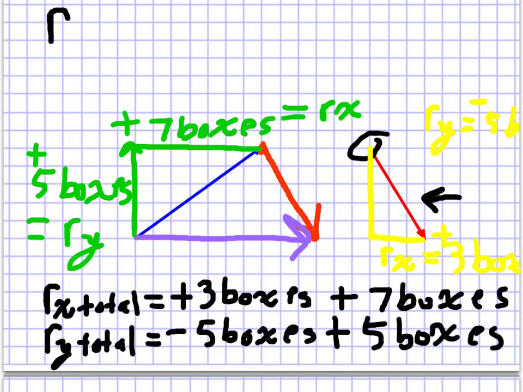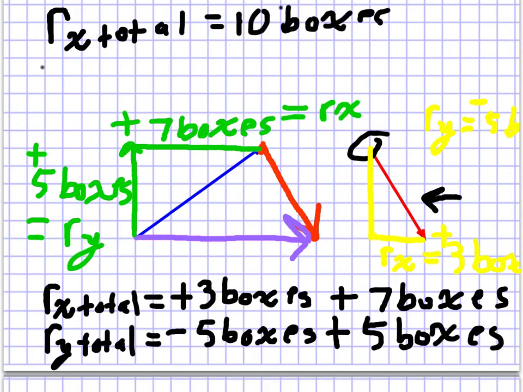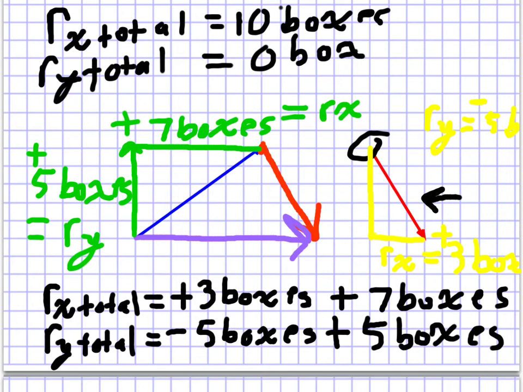And then if I just add those together, so Rx total equals 10 boxes, Ry total equals 0 boxes. And in this case, since I know Ry goes away, this is 0 boxes, I don't have to worry about it.